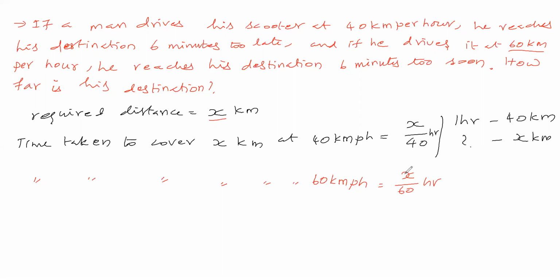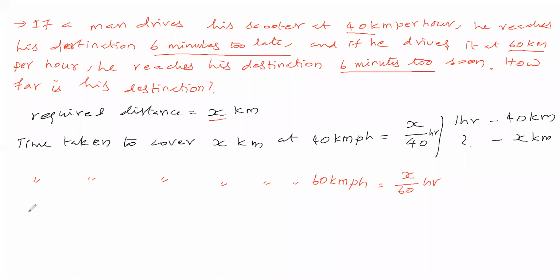Now, if he travels 40 kilometer per hour, he reaches this x kilometer destination 6 minutes too late. If he travels 60 kilometer per hour, he reaches 6 minutes too soon. So, what is the difference in these two timings? In both cases he reaches the destination x kilometer only, but there is a time difference.